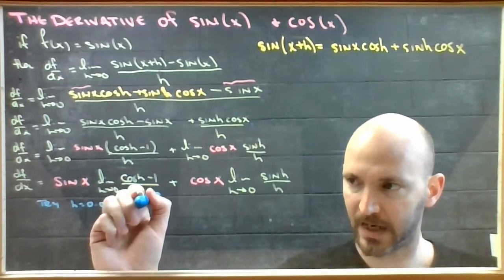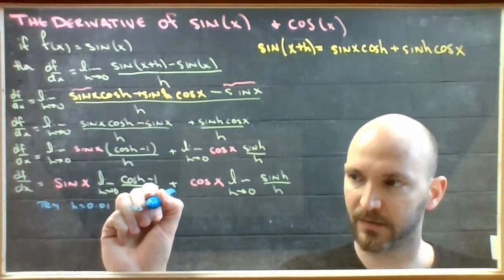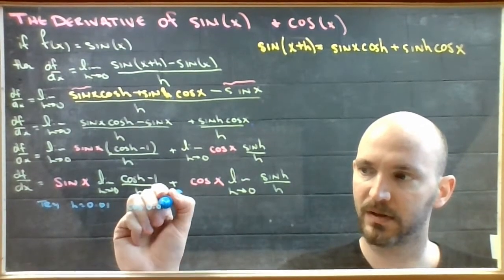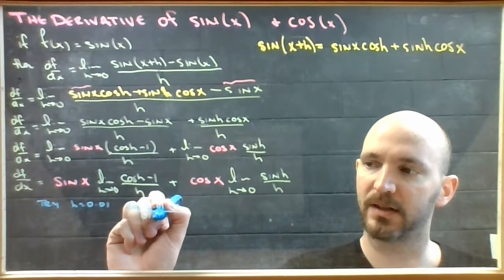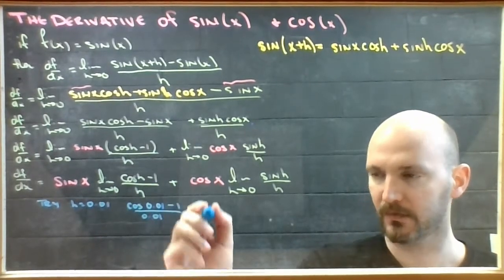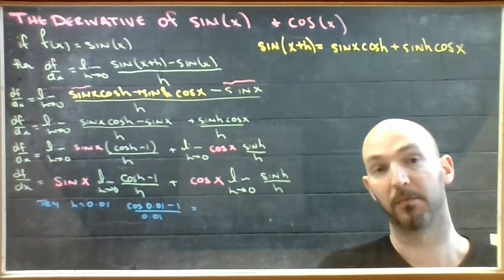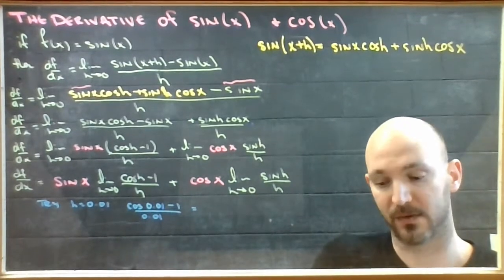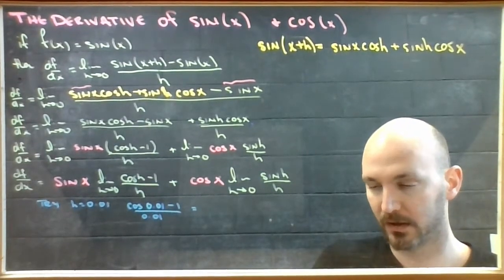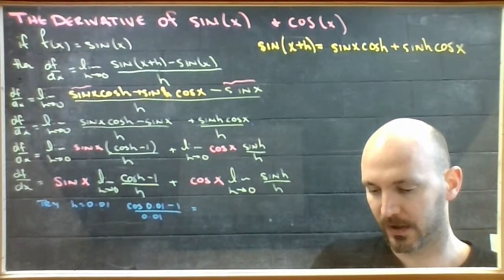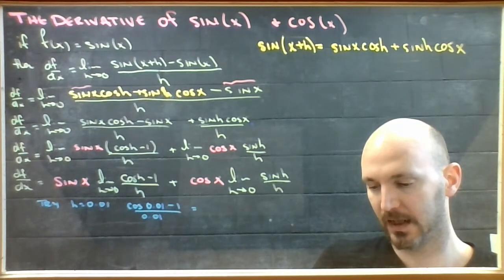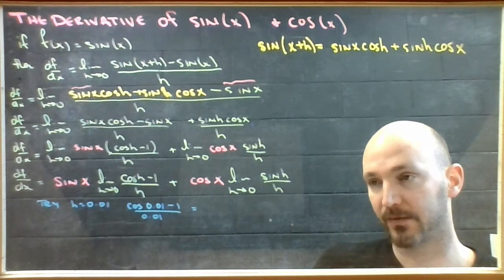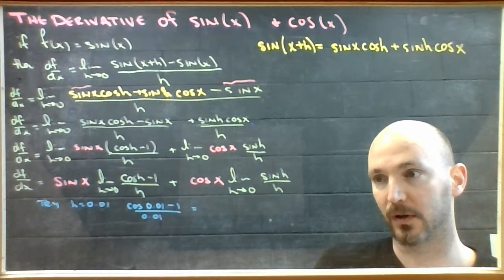So I'm going to put that in there: cosine of 0.01 minus 1, over 0.01. Make sure your calculator is in radians when you do this, otherwise it won't work. The cosine of 0.01 is 0.99995004.